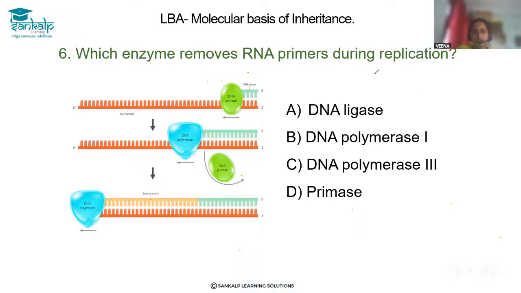During the replication process, as you know, DNA cannot be synthesized from 3' to 5'. It should always start from 5' to 3', right? There are three main enzymes: DNA polymerase 1, DNA polymerase 2 and DNA polymerase 3.